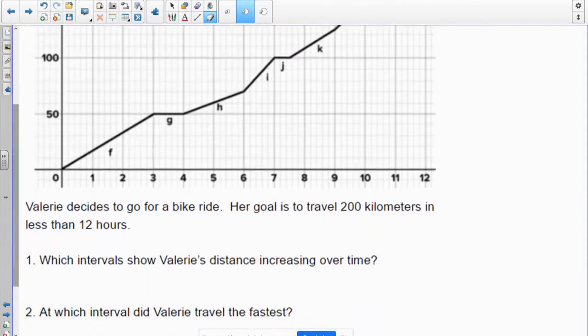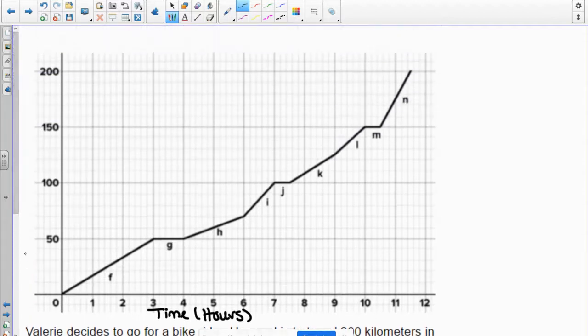So first question: Valerie decides to go for a bike ride. Her goal is to travel 200 kilometers in less than 12 hours. I'm going to label these graphs so it makes more sense. Your independent variable, or your X, is time in hours, and your dependent variable is distance in kilometers.